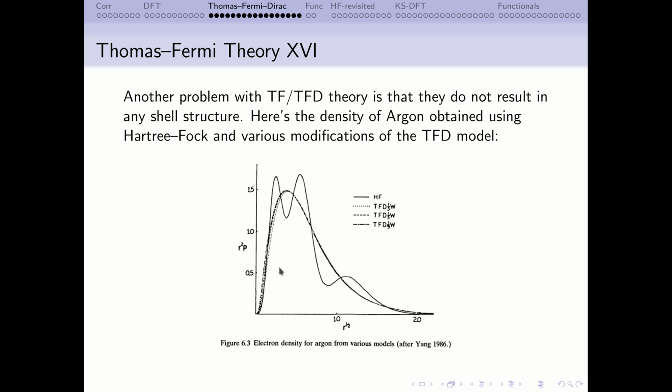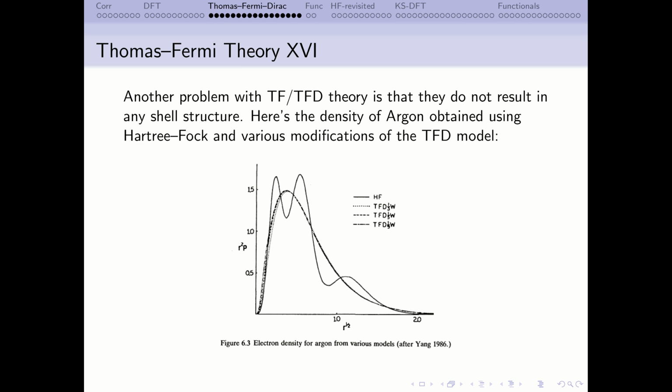There are no wiggles. Now what that tells you is that you're never going to have electrons in shells the way you expect them in real atoms. And when you don't get these electrons in shells, you don't get these Friedel type oscillations in the density, you do not form bonds.